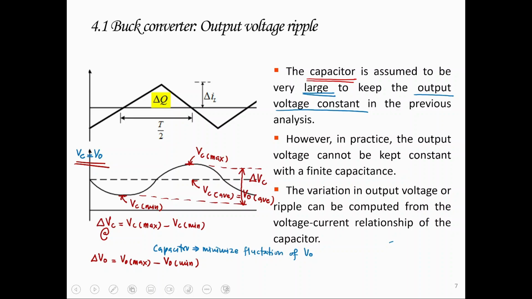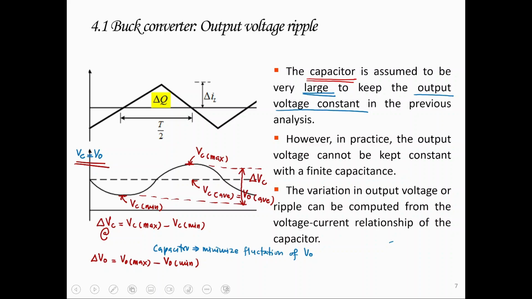Your output voltage ripple normally is defined in percentage. So normally it's less than 3%.